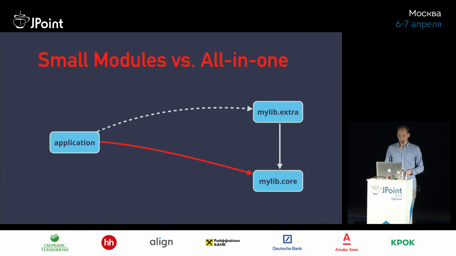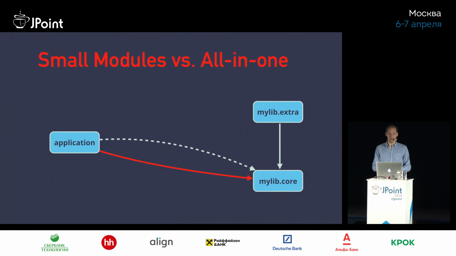So what you would get in this case, if the extra functionality requires transitive the core functionality, is that if an application now requires the MyLib extra stuff, then it will also get the readability to MyLib core for free because of the requires transitive. At the same time, it also allows the application to be more precise and to express the fact that it only depends on MyLib core if the application developer wants to do this.